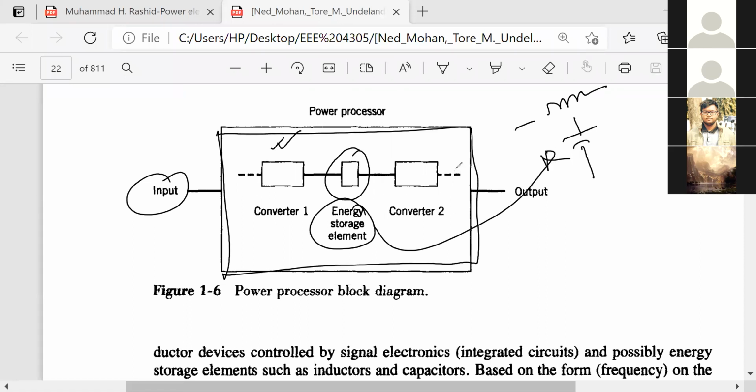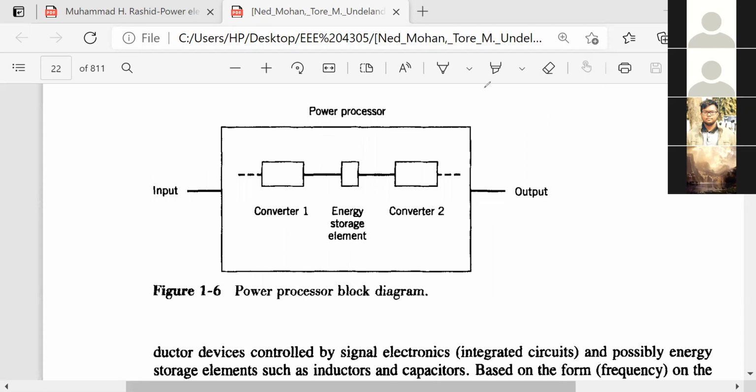And then after that, suppose you are using AC here, make it DC, and then from DC you can make AC again. There is a reason for this, because with this DC to AC you can have variable magnitude and frequency of your output.